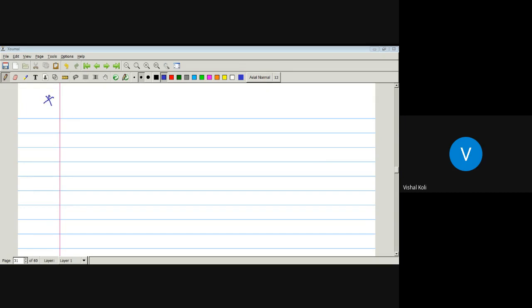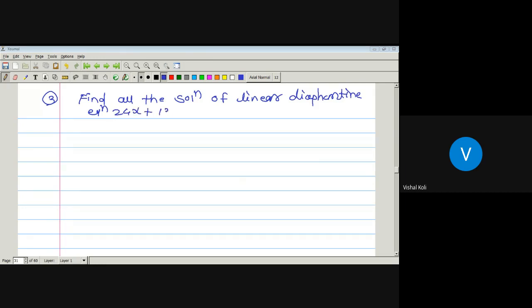Now, third example. Find all the solutions of the linear Diophantine equation 24x plus 138y is equal to 18.